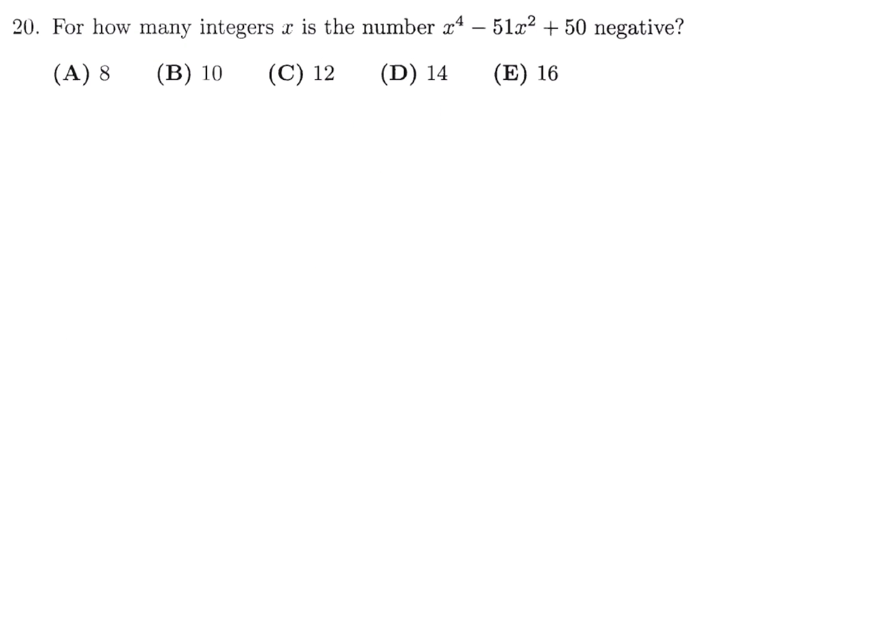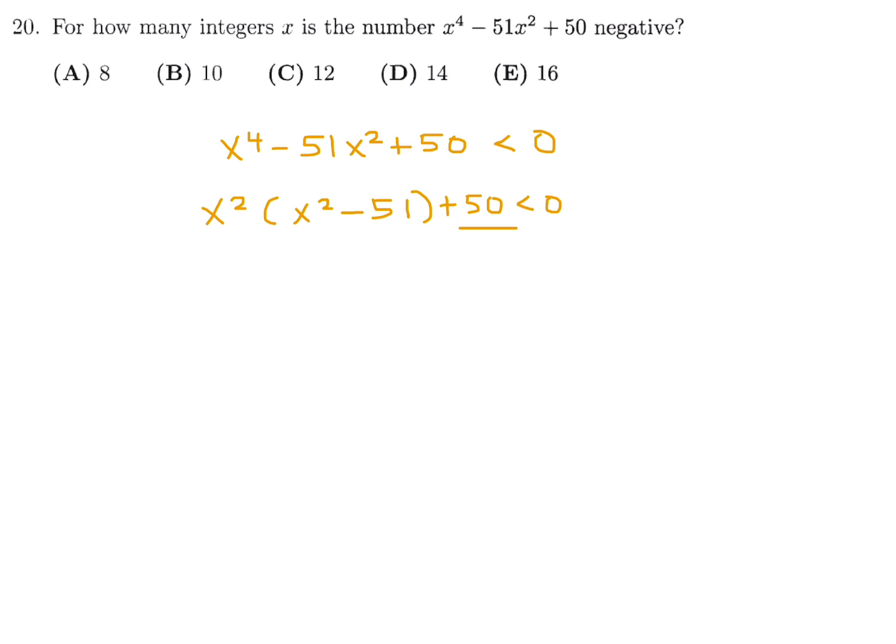For how many integers x is the number x to the power 4 minus 51 x squared plus 50 negative? All right. x to the power of 4 minus 51 x squared plus 50, and we want this to be less than 0, negative. Well, I can factor out an x squared, and if I do, I get x squared minus 51 plus 50.